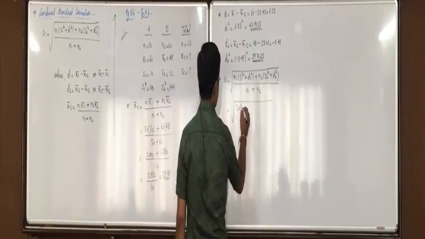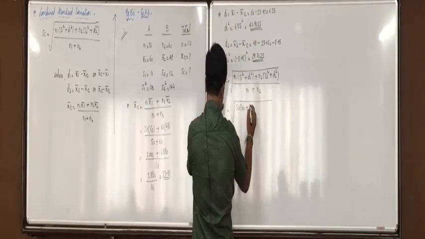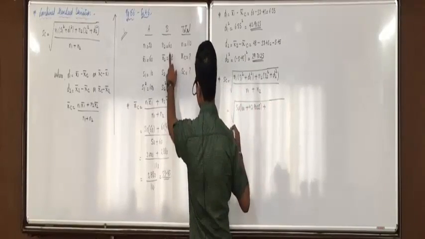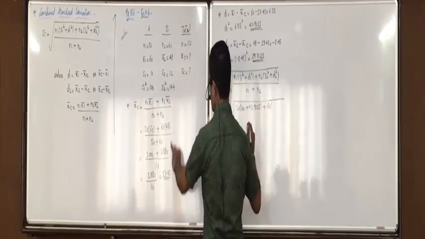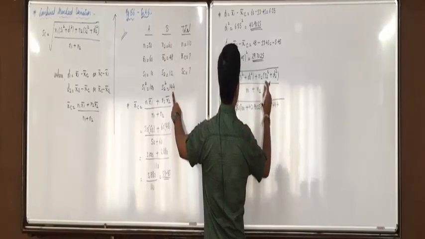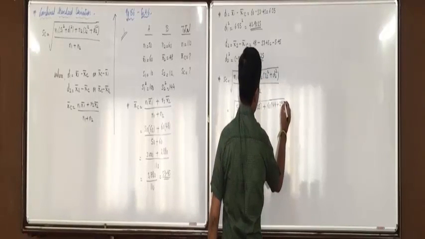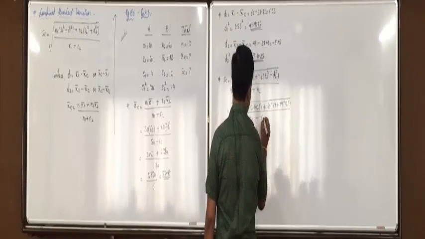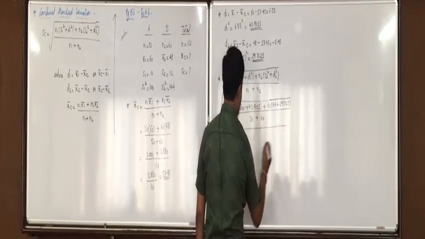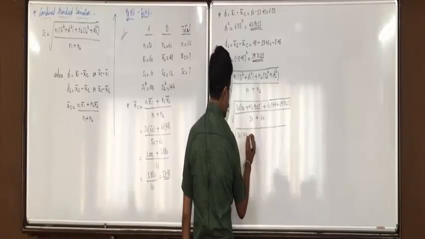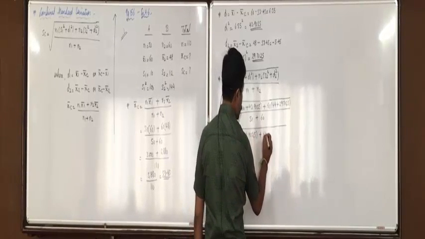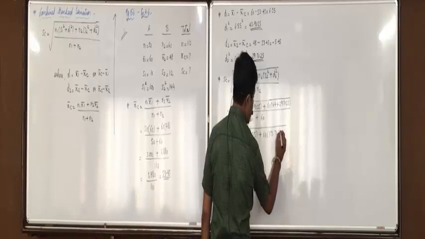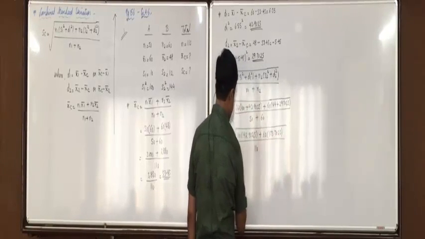What is it? 100, plus D1 square, what did we get? 42.9025, plus N2 we did here 60 into S2 square is 144, plus D2 square we got 29.7025, upon N1 plus N2, 50 plus 60. 50 into 142.9025 plus 60 into 173.7025 upon 110.